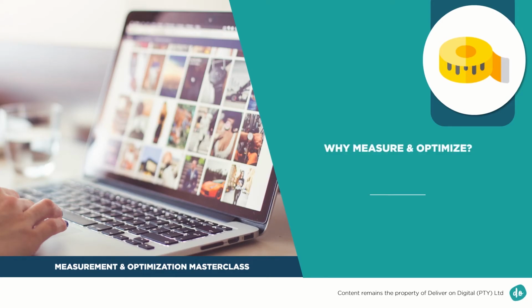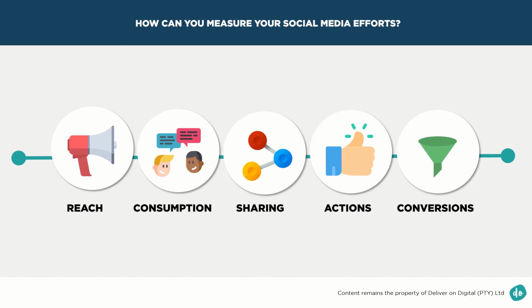Starting with our first section, why measure and optimize. Let's take a look first at how one can measure our social media efforts. So there are a number of different ways in which we can almost determine success or whether or not we've reached the success that we were setting out to achieve. And this is through metrics like reach. So for example, how many eyeballs or impressions did you get on something?